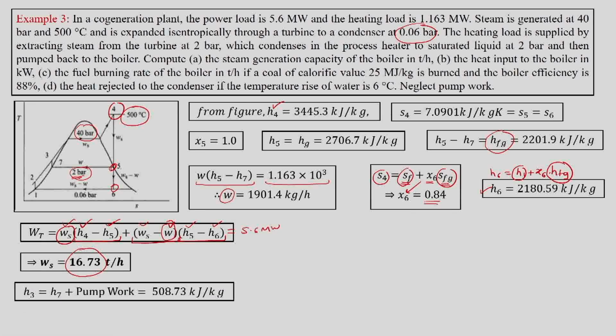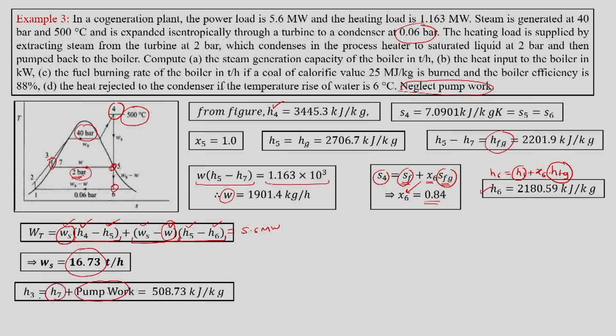We obviously would be neglecting pump work, but the pump work to be neglected is the condenser pump, but this pump is the pump which is pumping off the small amount of steam from the process heating pressure to the boiler pressure.